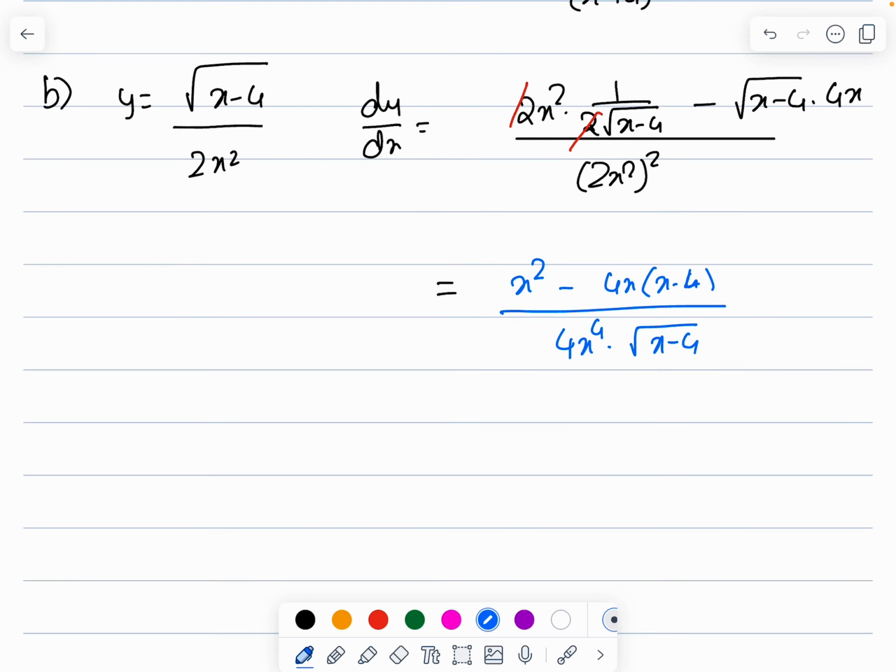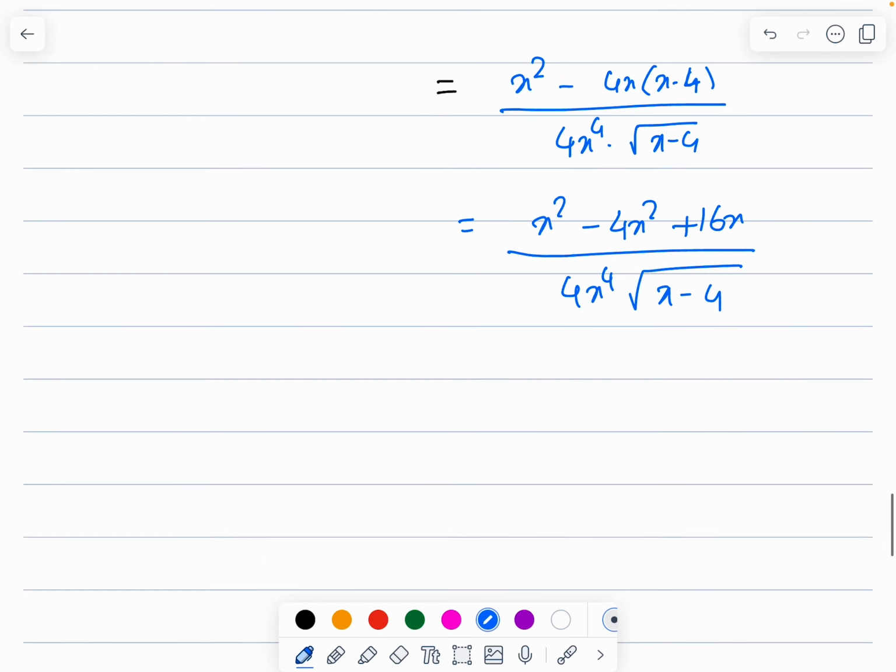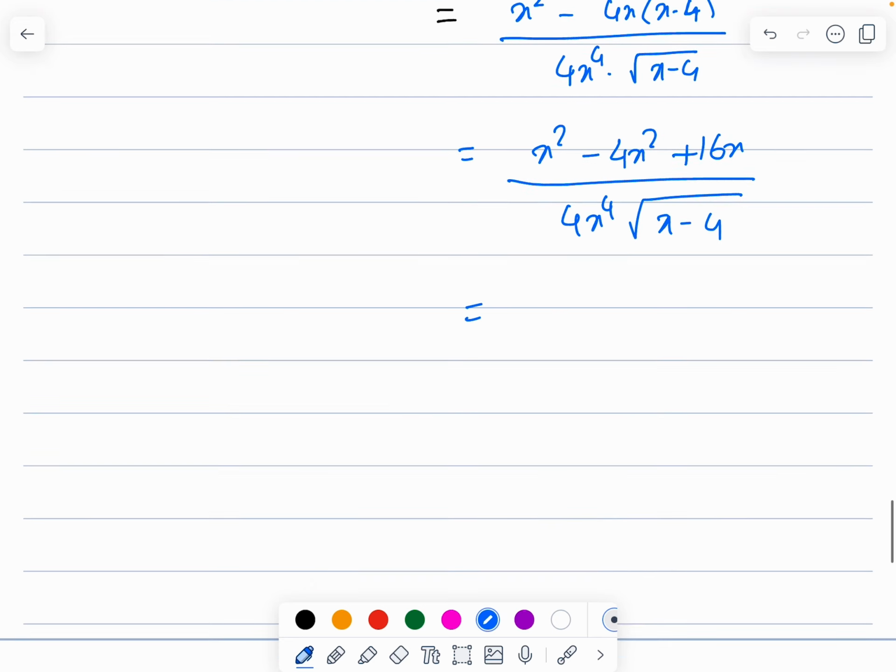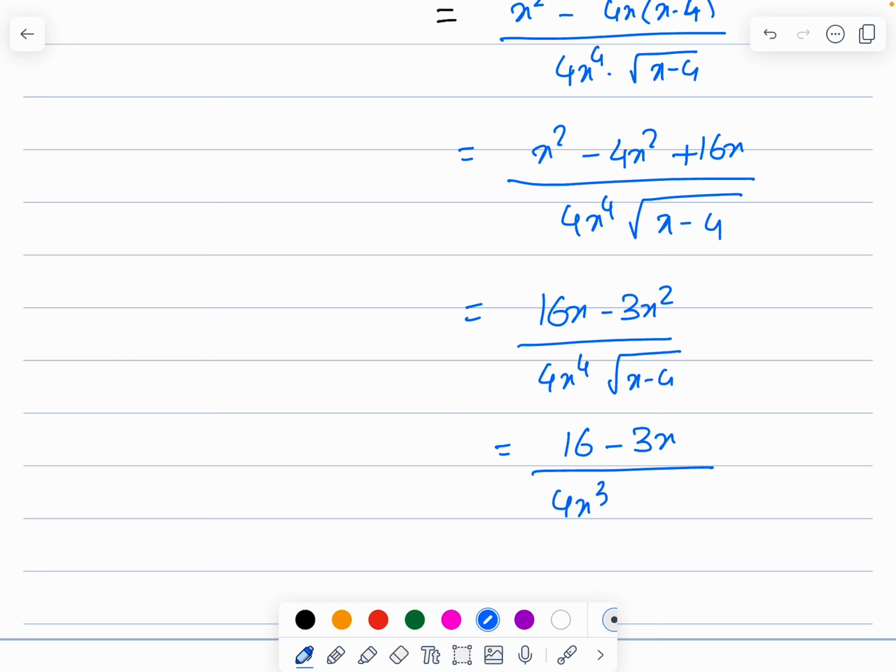So it becomes x squared minus 4x squared plus 16x divided by 4x to the power of 4 square root of x minus 4. So it becomes 16x minus 3x squared divided by 4x to the power of 4 square root of x minus 4. Take one x common and cancel it out. 16 minus 3x upon 4x cubed square root of x minus 4. That's going to be the answer for part B.